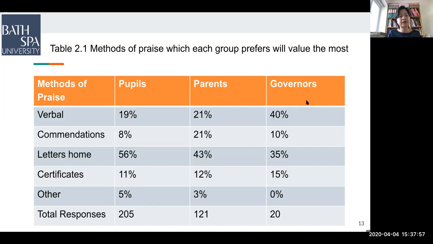From governors' perspectives, it will be verbal. So once you present the basics of your data, you can start to outline those significant features and important points from the table, describing them in text.